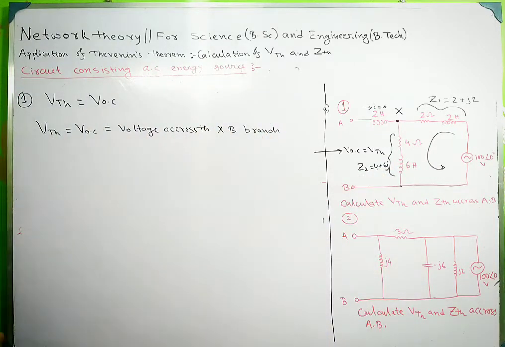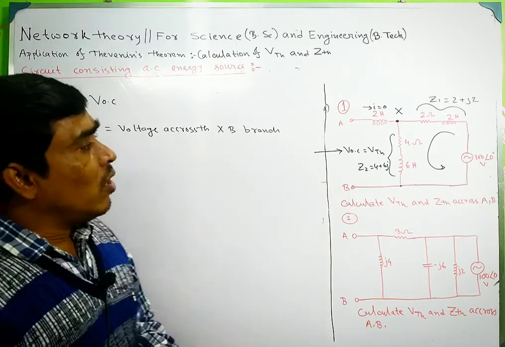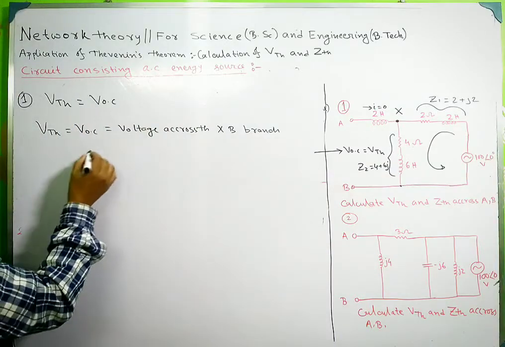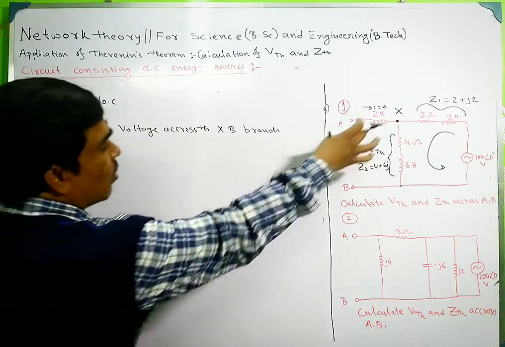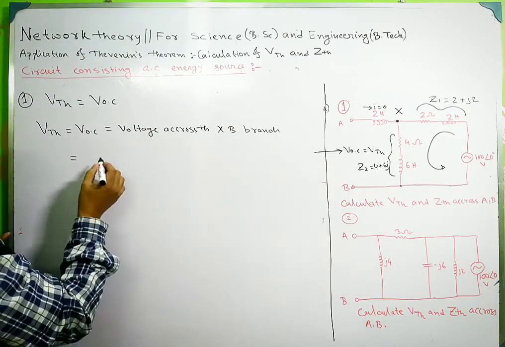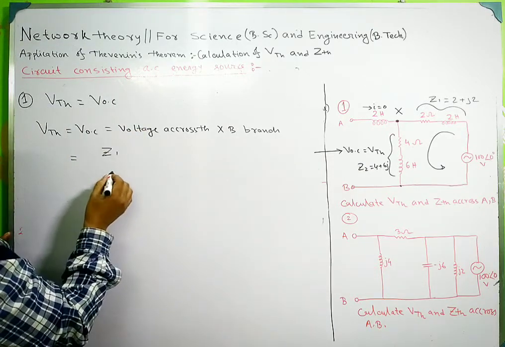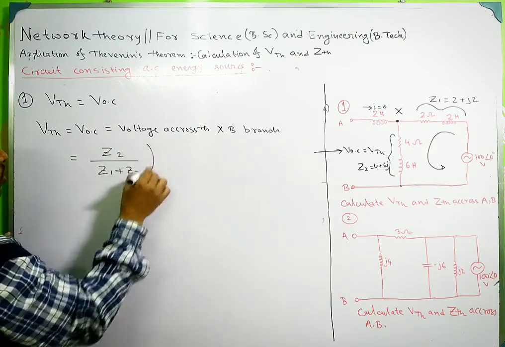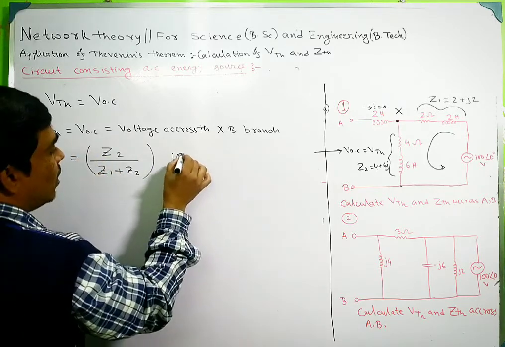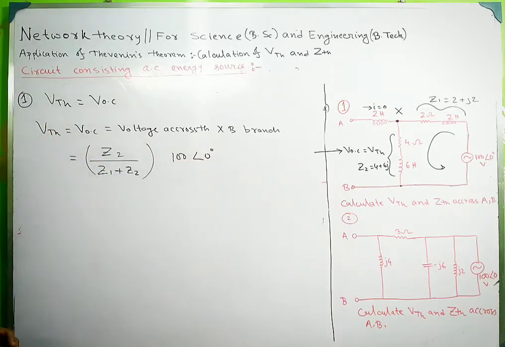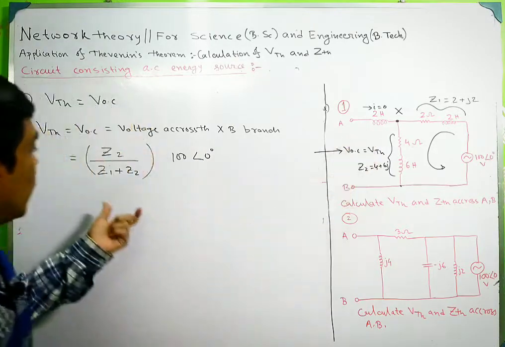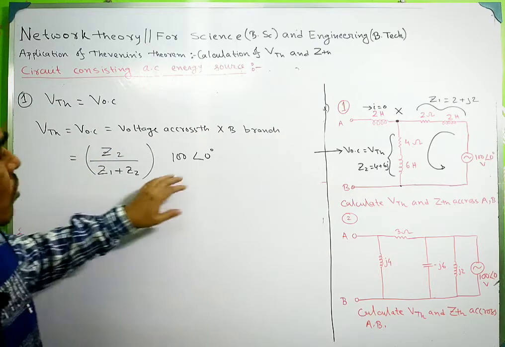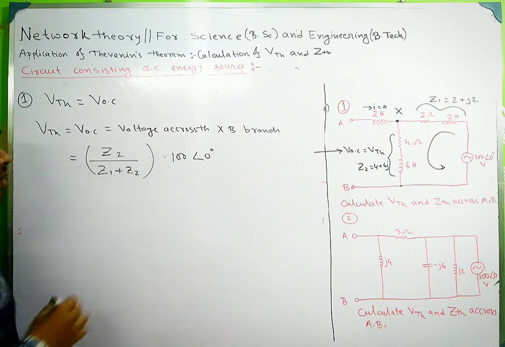So using the voltage division rule, we can write the voltage across XB equals Z2 divided by Z1 plus Z2, multiplied by the voltage 100 angle 0 degrees.